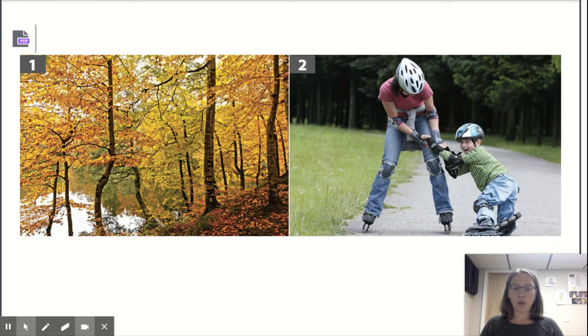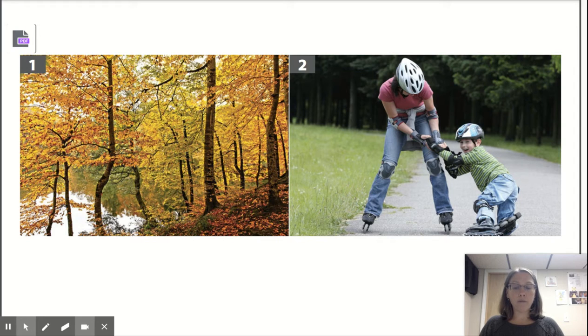In the read aloud, you heard, "That's why another name for autumn is fall, because autumn is when the leaves of deciduous trees fall to the ground."